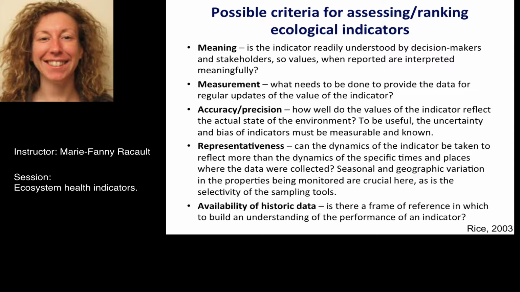Once you have a number of indicators, they might be aggregated in order to give you more information about the system. And you can have indicators that give you some information on emergent properties of the ecosystem.